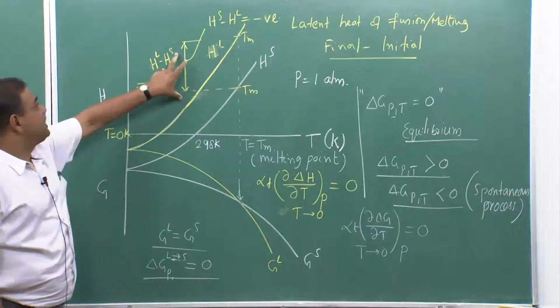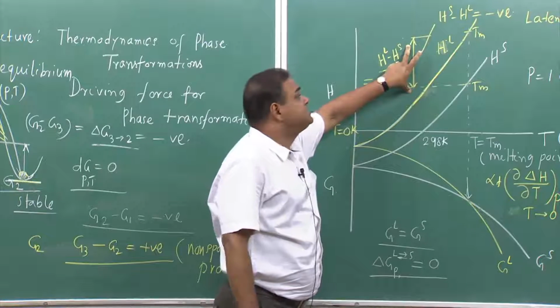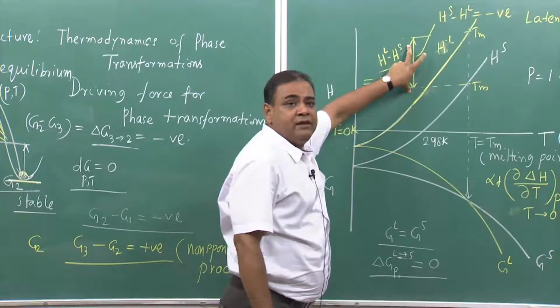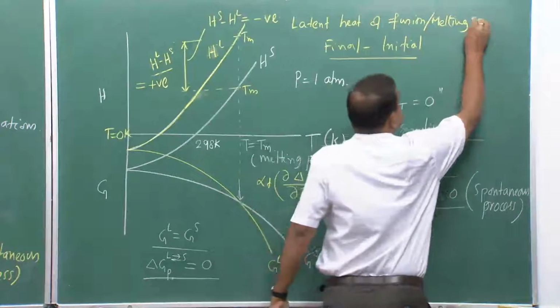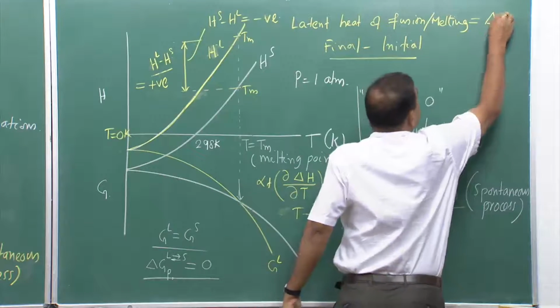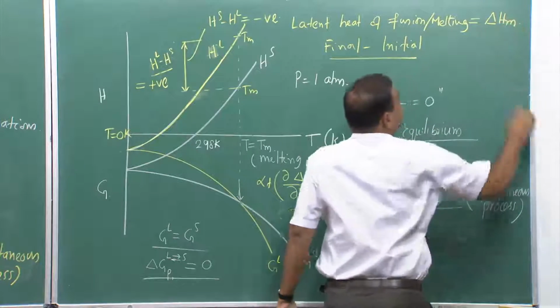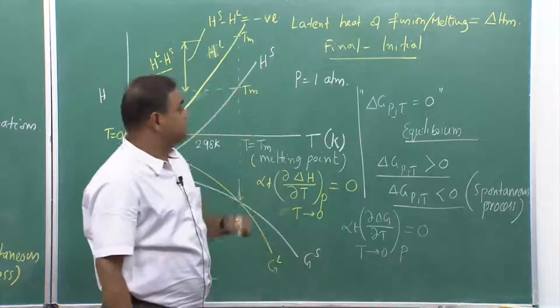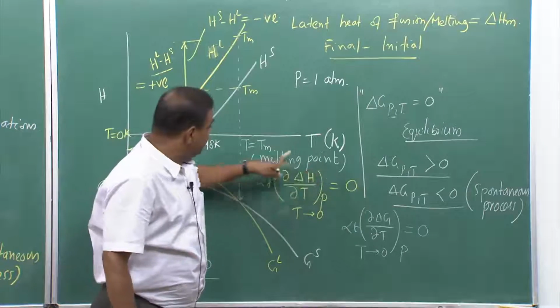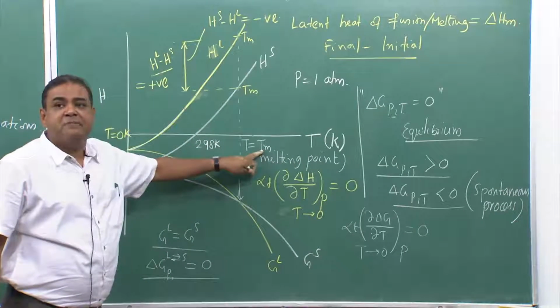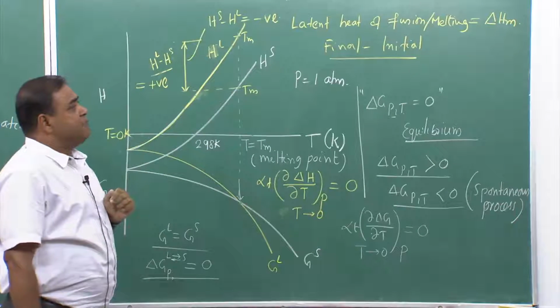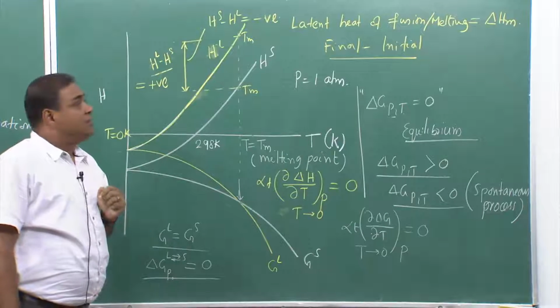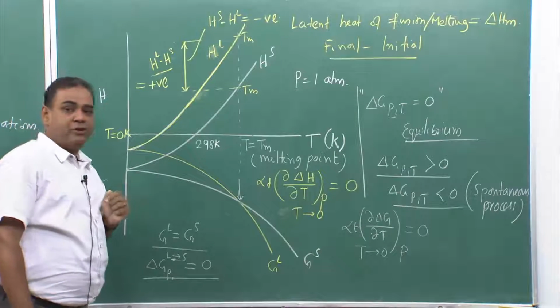So, this difference is the latent heat of fusion or melting. In our sign convention, we would consider this as del H m, where m is melting, here also Tm, m is melting. So, that is melting enthalpy or latent heat of fusion or melting.